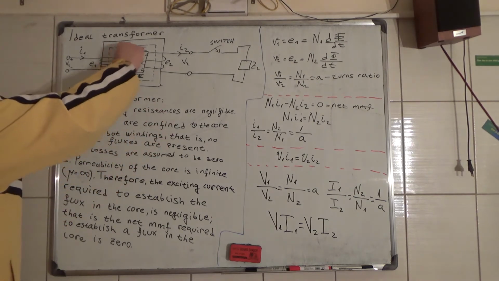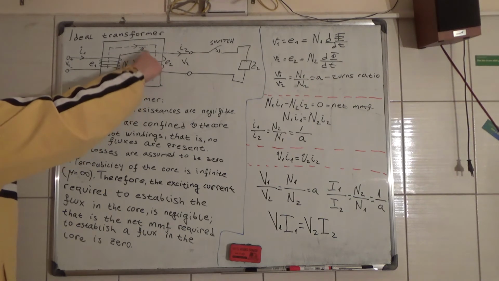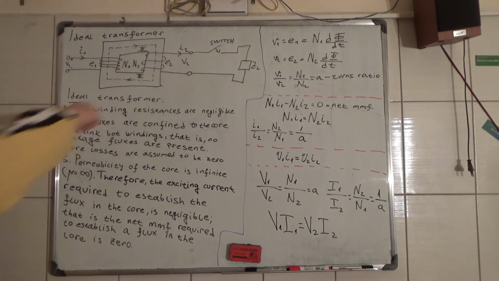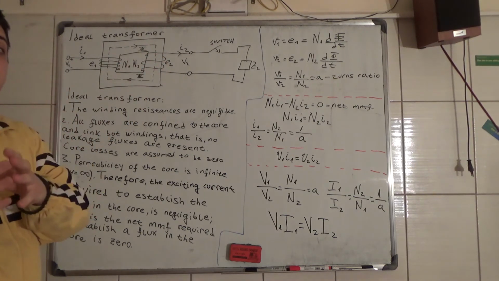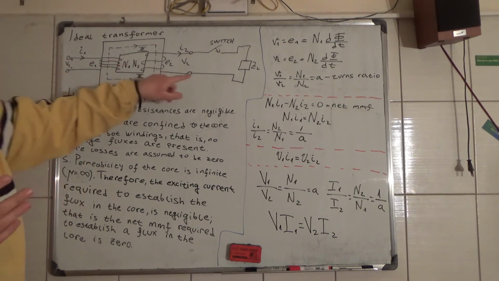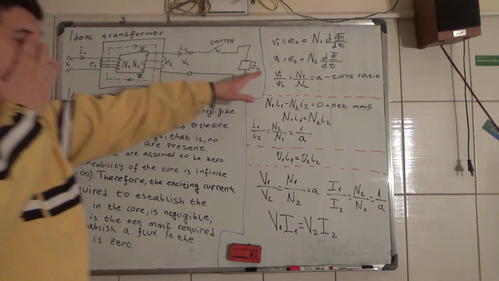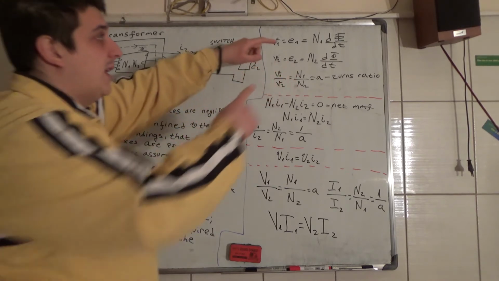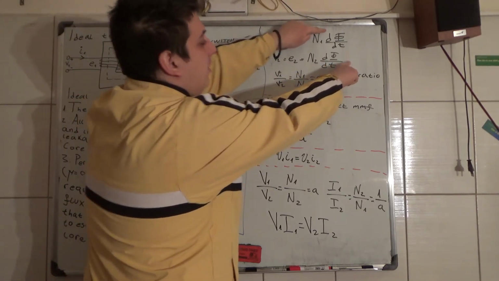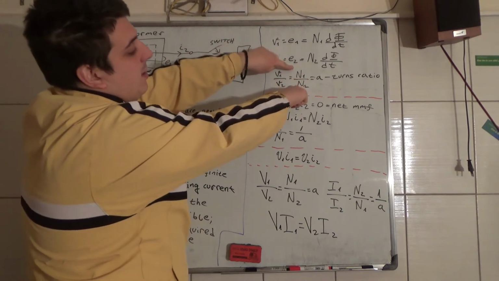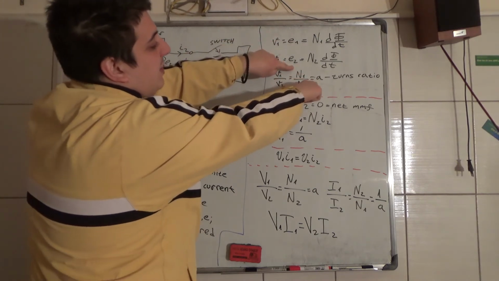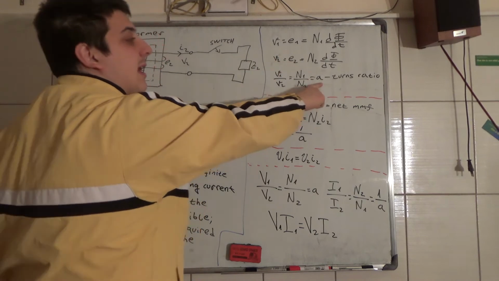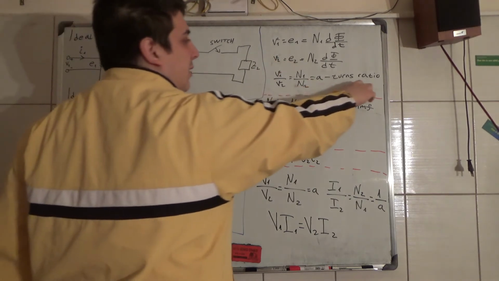So this flux here is equal to the flux here, and the relationship between V1 and V2 is here. So when you divide V1 by V2, these two cancel each other out, and then you have N1 divided by N2, which is equal to this small letter a, and this is called the turns ratio.